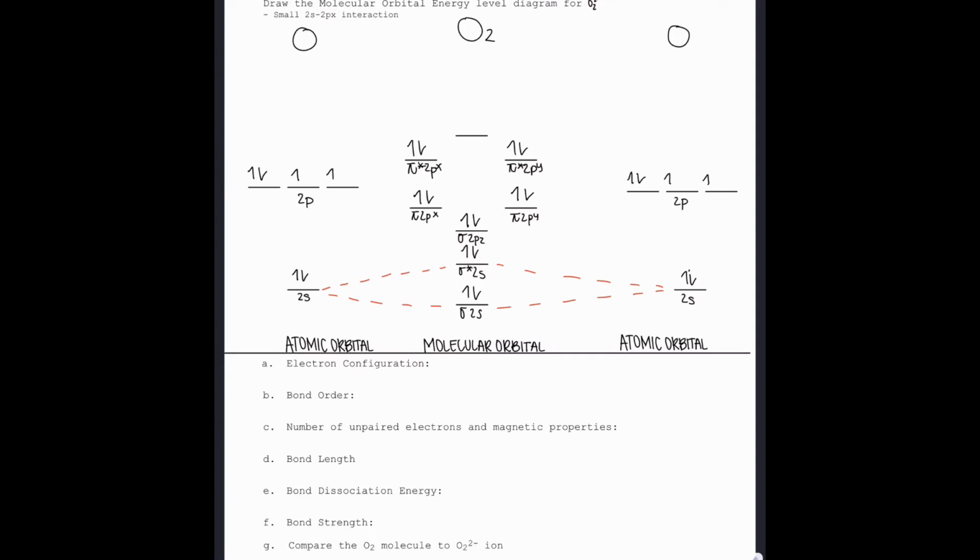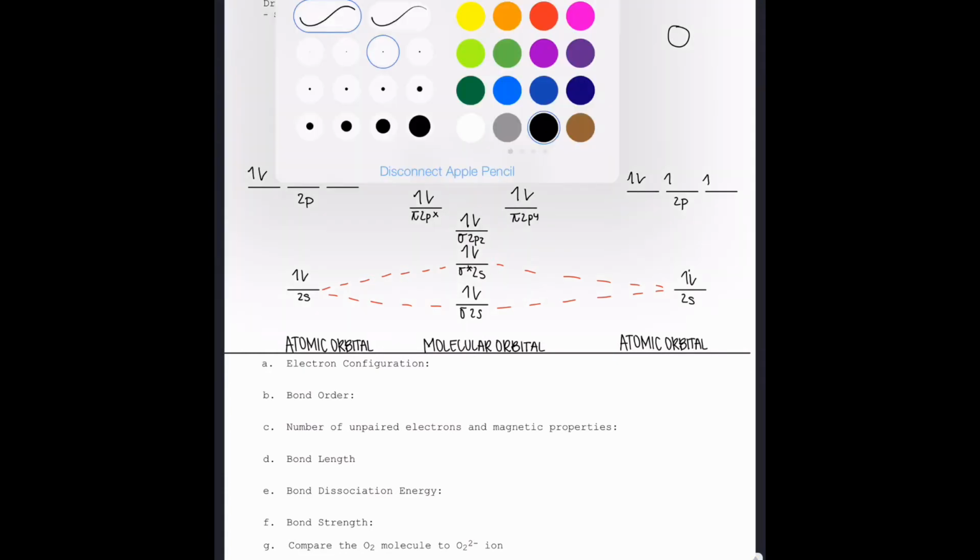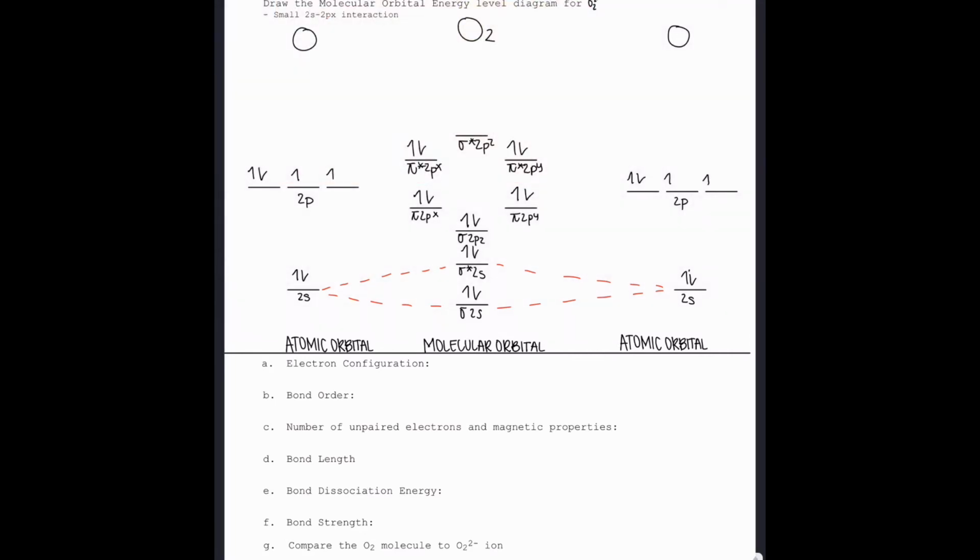So 1, 2, 3, 4. That gives us our 14 electrons. Notice that the sigma star 2pz orbital remains empty.